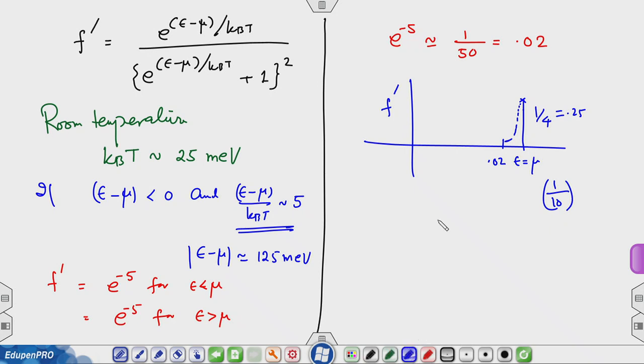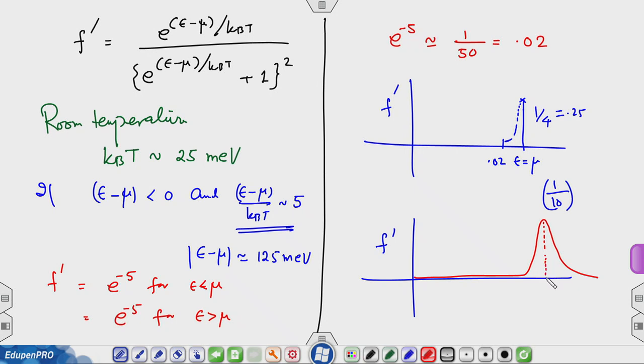So the factor f prime actually has a character like this, where it peaks at epsilon equals mu and then goes down. Let us see how sharp this peak is.